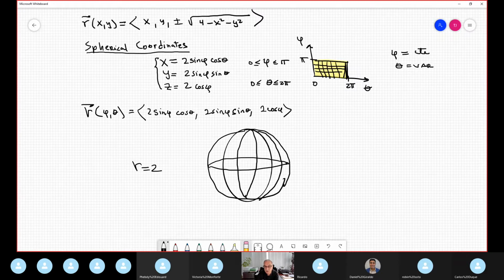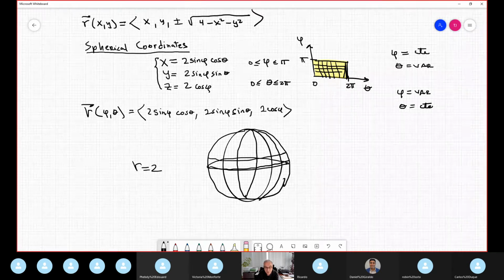However, if you travel in this direction, in which phi is variable and theta is a constant, for example theta 0, and then theta positive, like that.